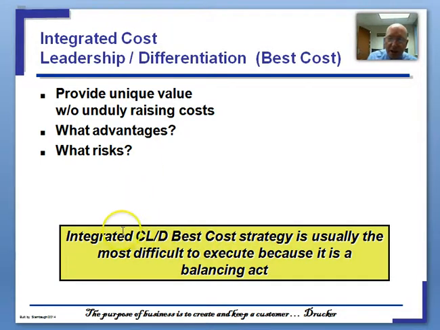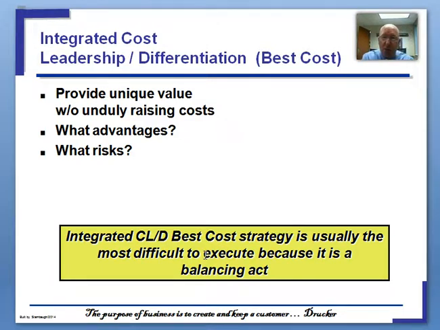Because of that, a best cost strategy is usually the most profitable, and it is the most difficult to imitate, which makes it a very strong strategy. But it's usually also the most difficult to execute successfully because it's a balancing act. You don't have this natural home of really trying to upscale your features or really trying to cut out the cost.